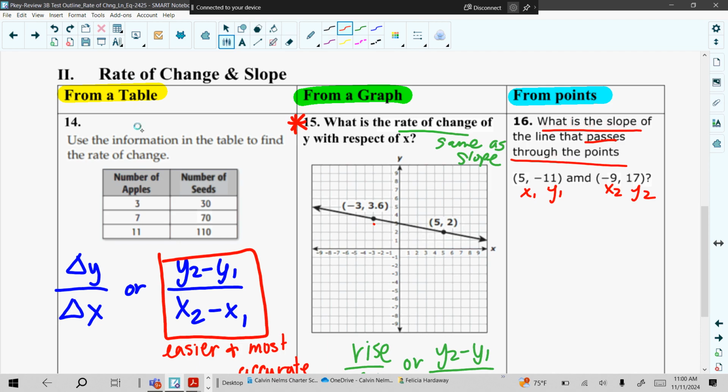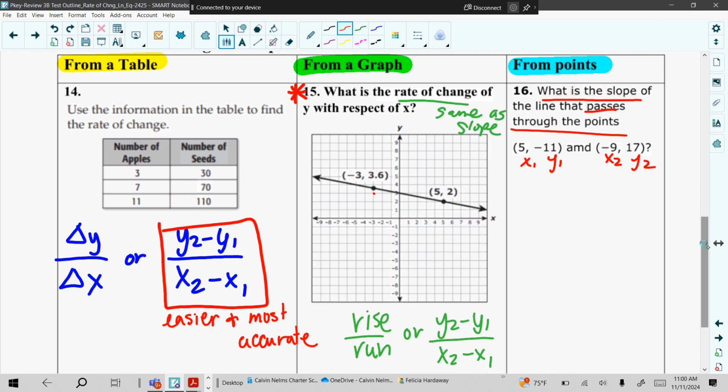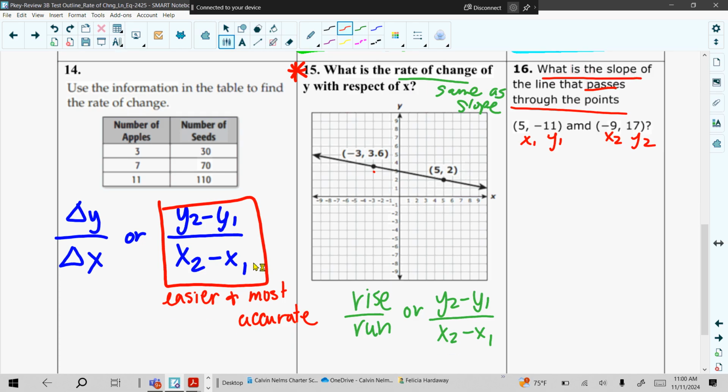So from the table, this is when we do the change in y over change in x. Or you can do y2 minus y1 over x2 minus x1. This is the easier and most accurate of the 2 options. This is the method I would prefer you using to make sure we get it right.